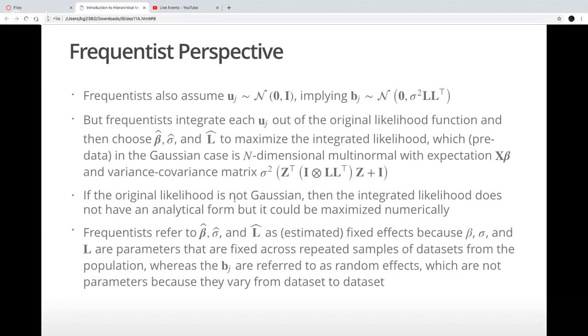And so frequentists are thinking of these common parameters, which they call fixed effects, beta and sigma and L and things like that, as being for the country as a whole. Whereas all these deviations from one school to the next are just error.